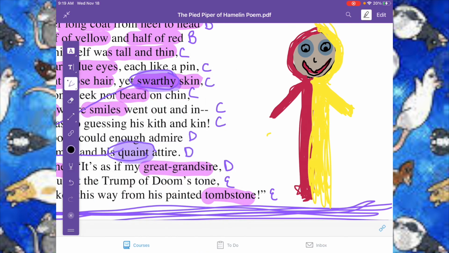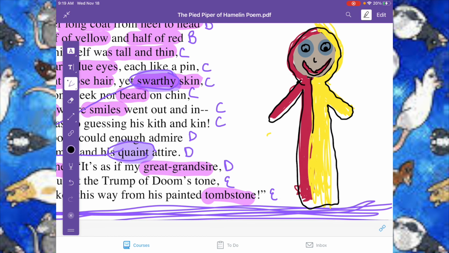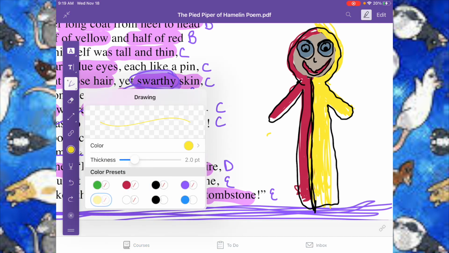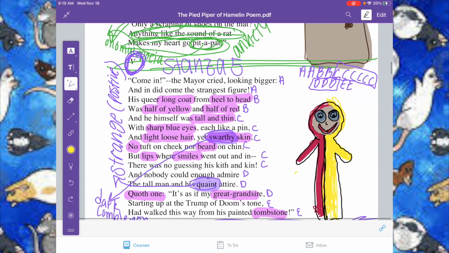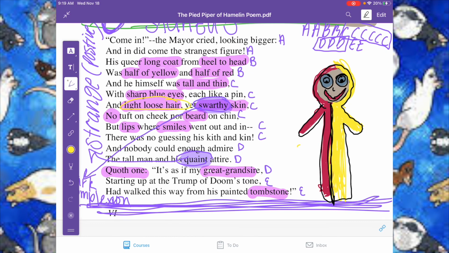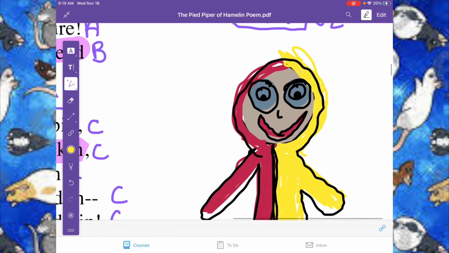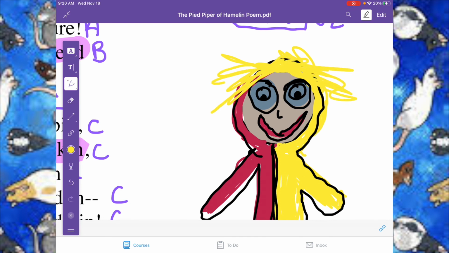Okay. This is a very quaint vesture. Oh my, that looks okay. Actually, we know that he has loose hair, light loose hair. So let's give him some hair sticking out of his special coat.